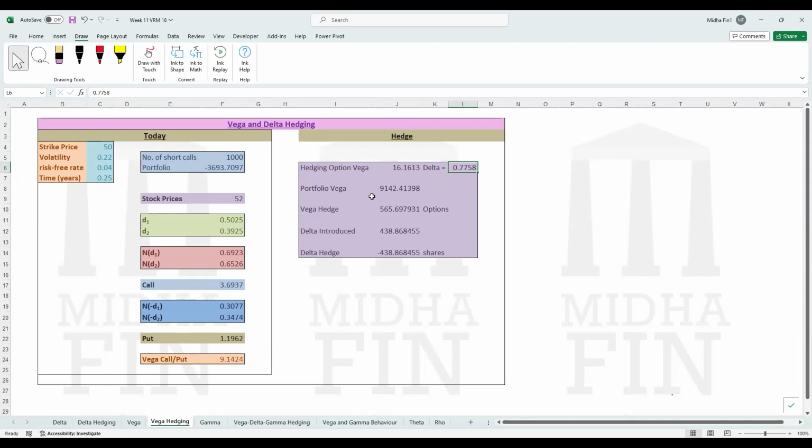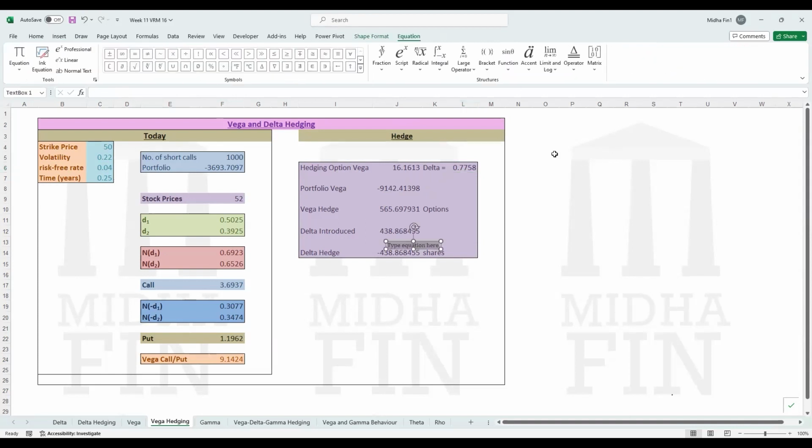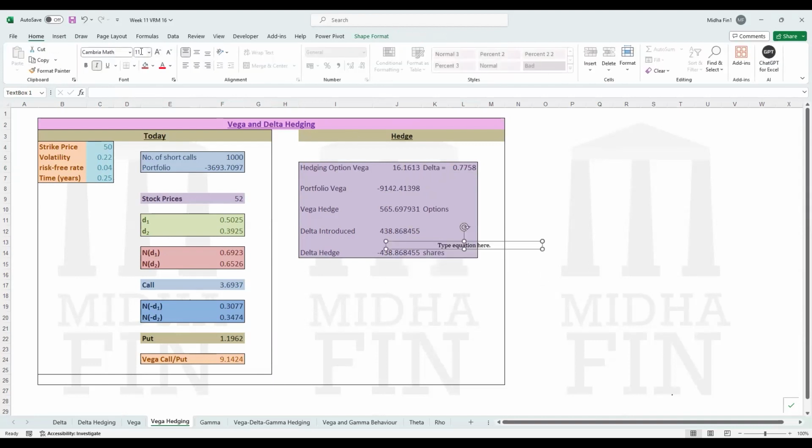Now, first I need to find out my portfolio Vega. So my portfolio Vega is minus 9,142 roughly. Now I want to find out how many hedging options I should use. I'll just show you here in a very simple way. I'll write it down for you guys.